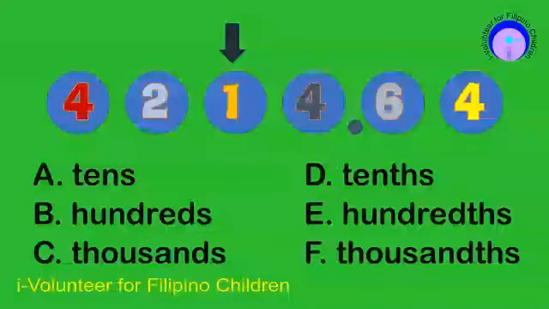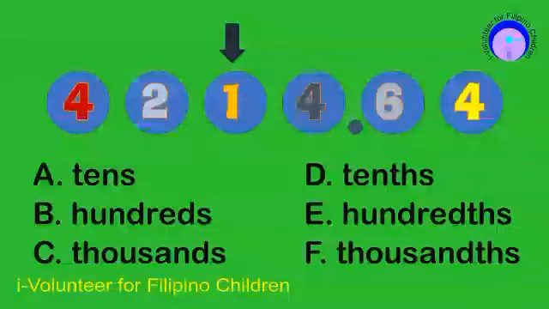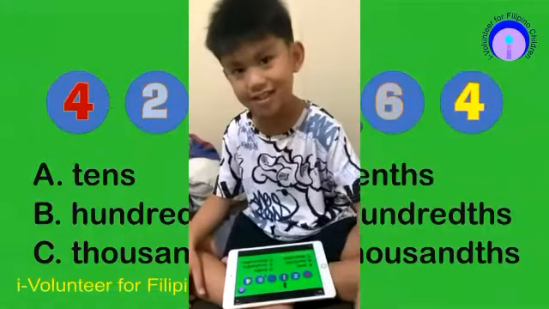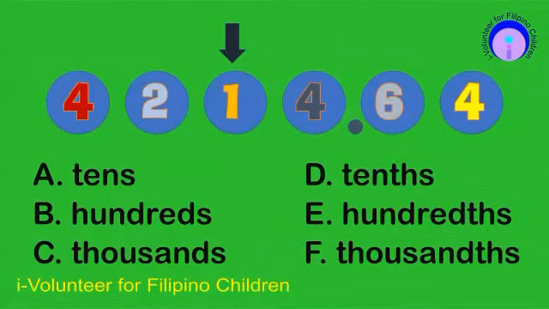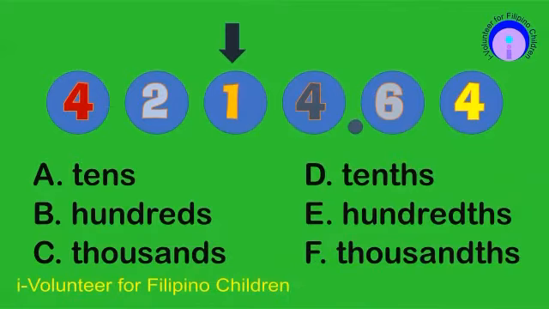Josel? Is A, tens. How about you, Arky? Tens. Ang sagot ni Josel ay A, which is tens. And si Arky naman ay pareho din kay Josel. A.